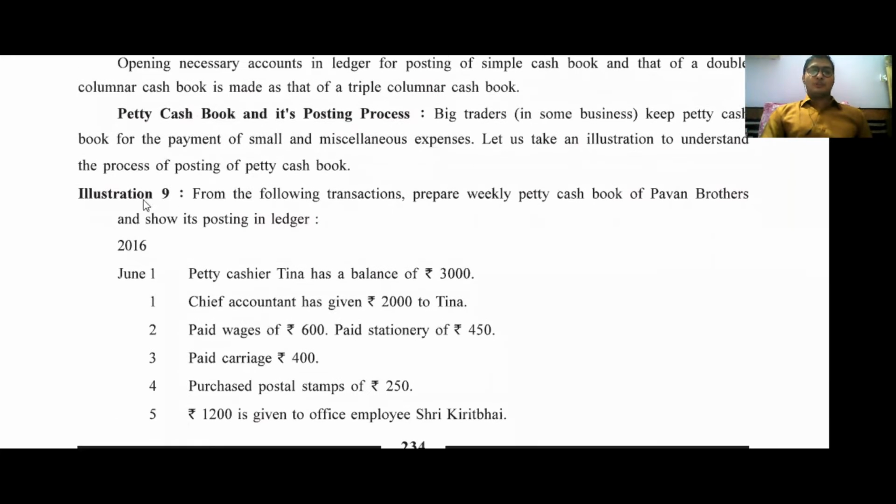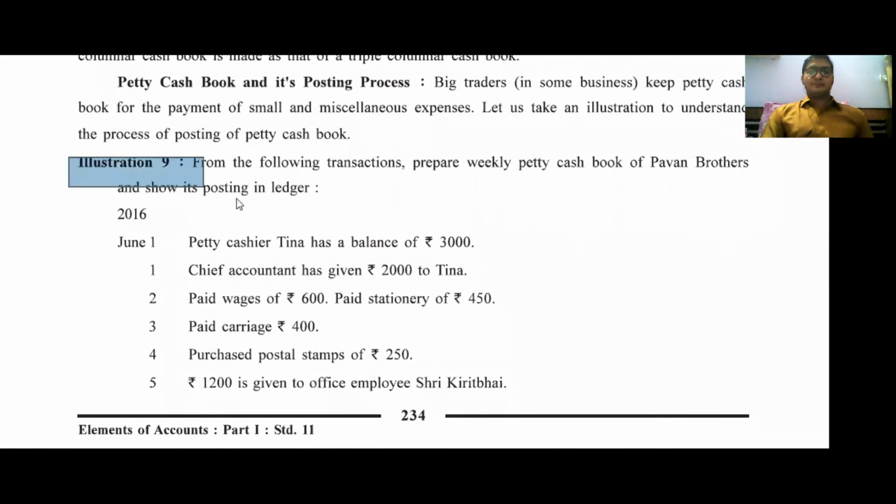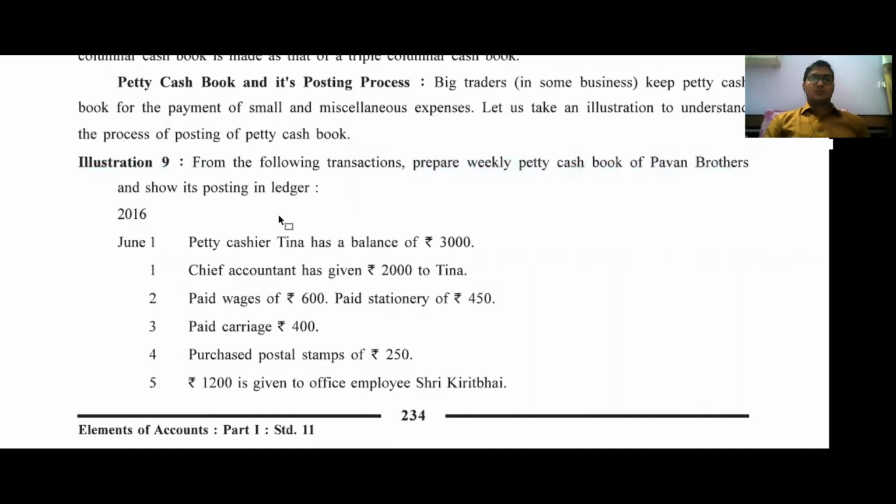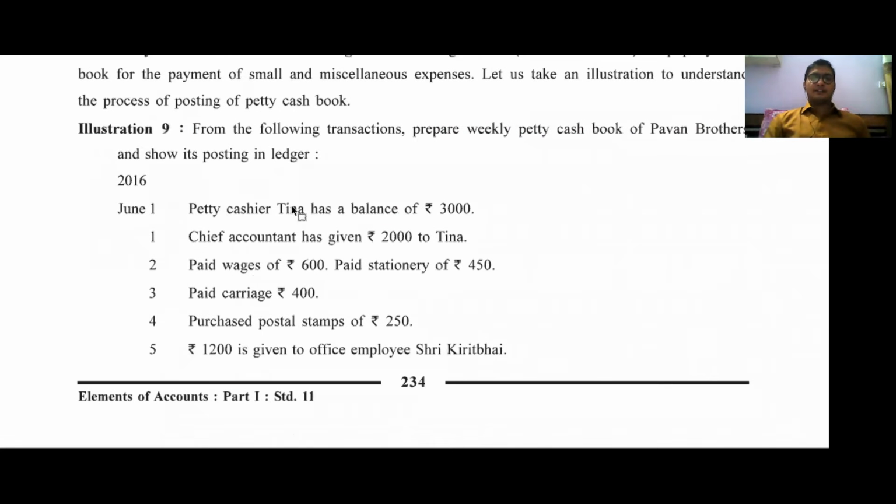So now I'm going to start illustration 9. Here it is a weekly petty cash book of Pawan Brothers and its posting. First of all, there are the names of expenses. Here it is the petty cash with the cashier, meaning it is an opening balance.